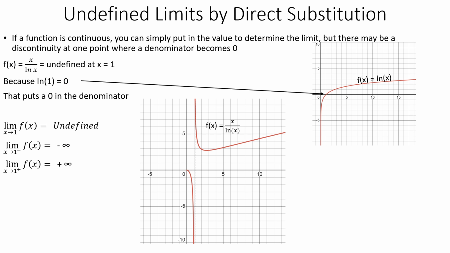Now, let's look at some undefined limits with direct substitution for the natural log. I've got an equation here: x over ln x. Now, it's undefined at x equals 1. Why? Look at my ln x, my upper graph right here. At x equals 1, my f of x is 0.